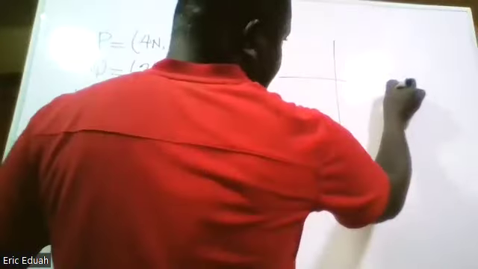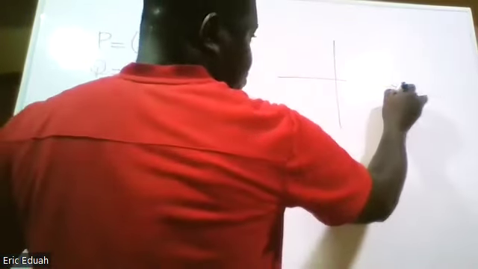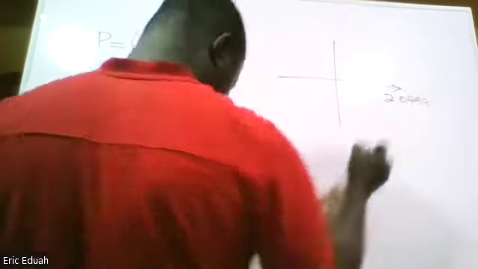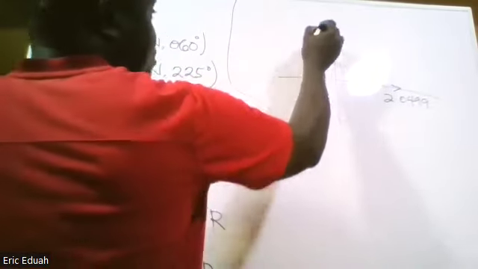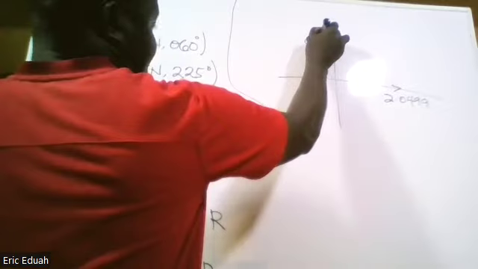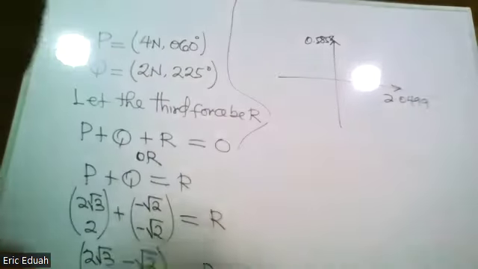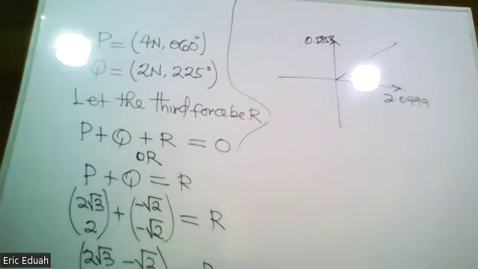So they'll all be here. This is 2.0499, then 0.5858. So you have two vectors, one here, one out. The resultant would act along the diagonal.